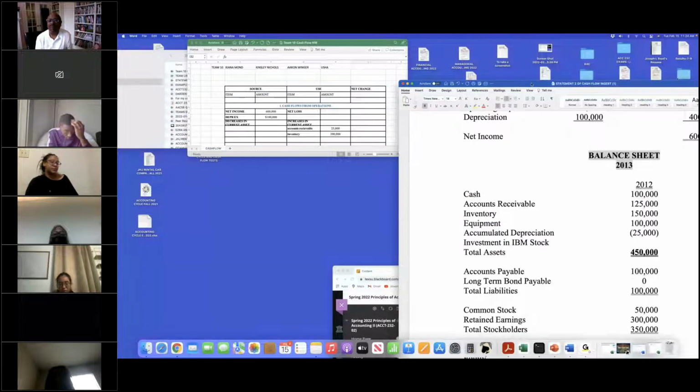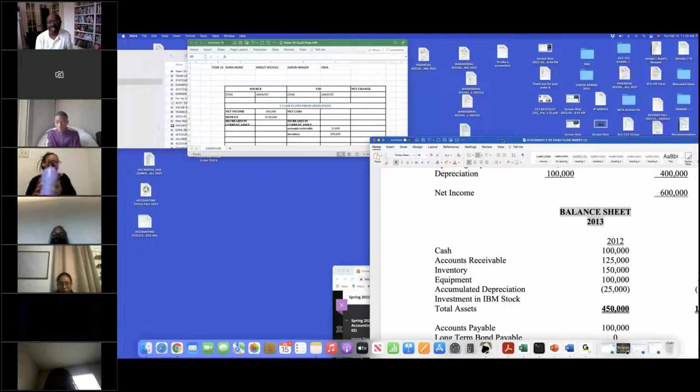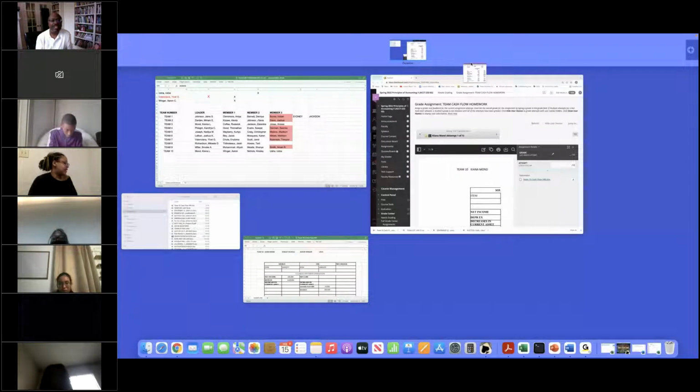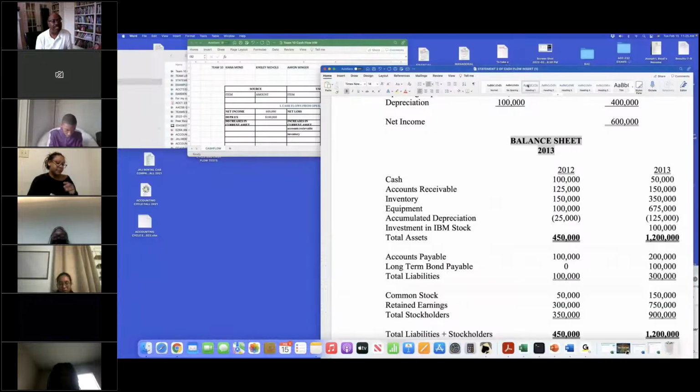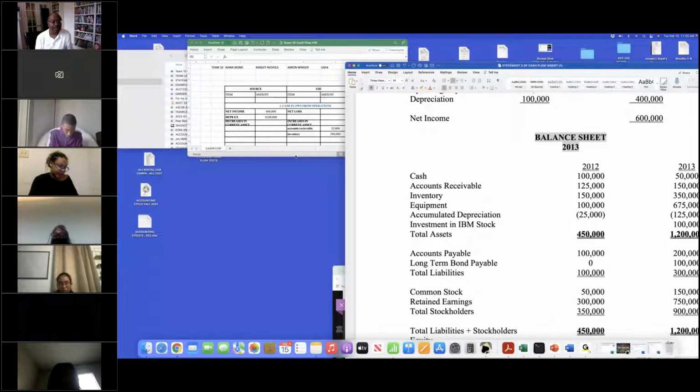Nothing, but you would start off with cash. How much would it be? That's 50,000. The change. And what's changing cash? How much? 50,000.